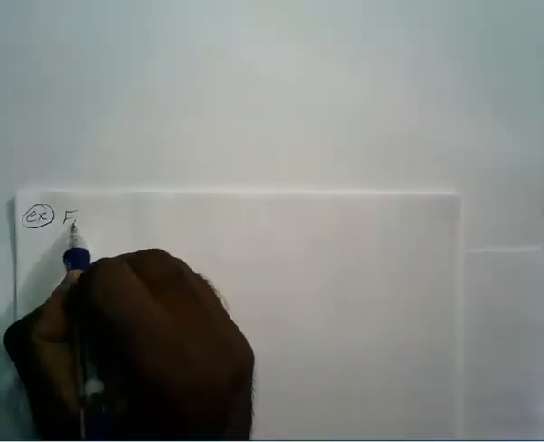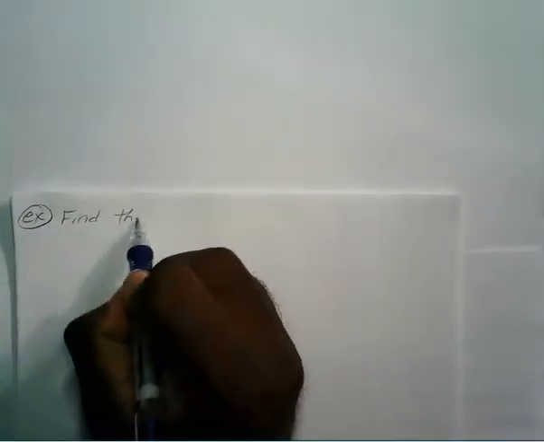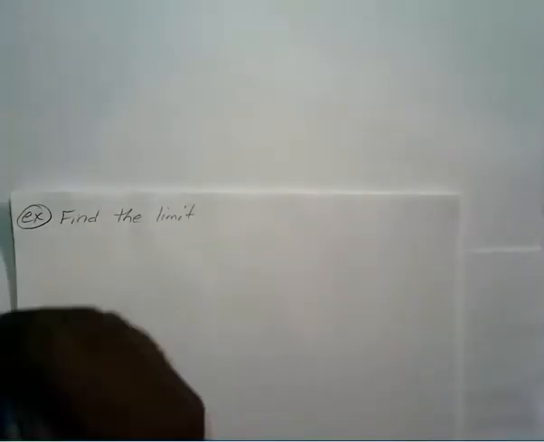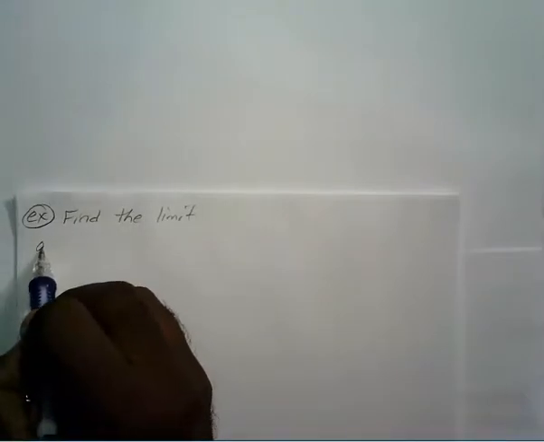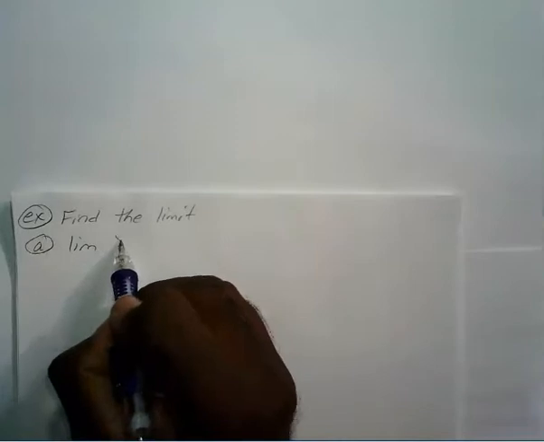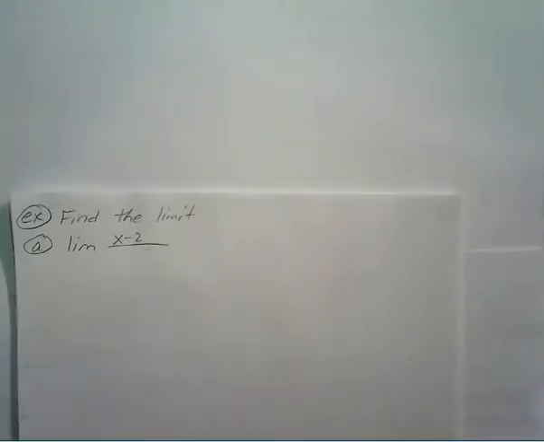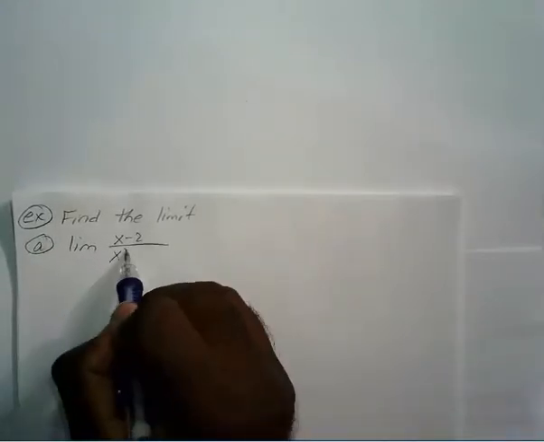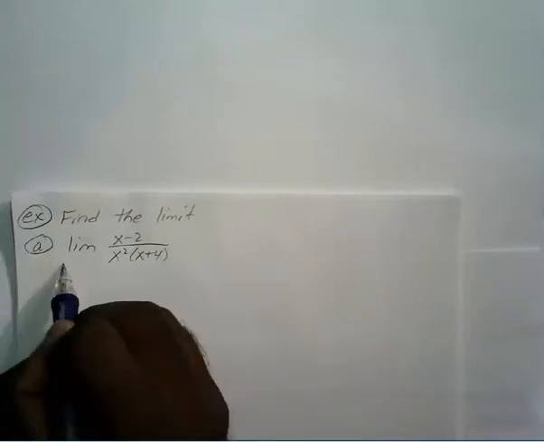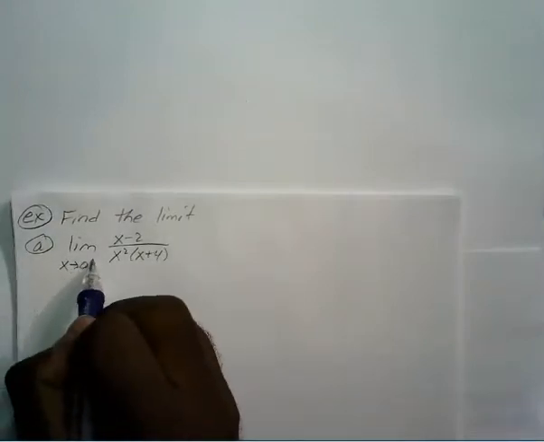Alright, so let's say we want to find the limit. Say for problem A, we want to find the limit of x minus 2 over x squared times x plus 4 as x approaches 0 from the right.